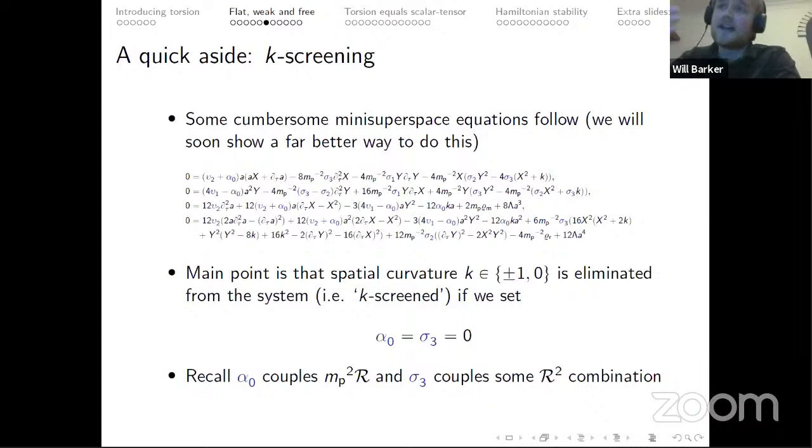So the universe could be flat, open, or closed, but that wouldn't affect the expansion history and it wouldn't affect the evolution of the torsion. So we'll come back to that in a couple of slides.